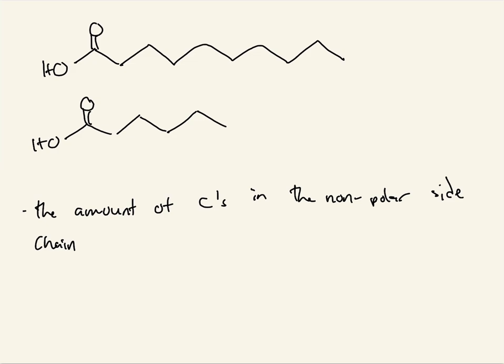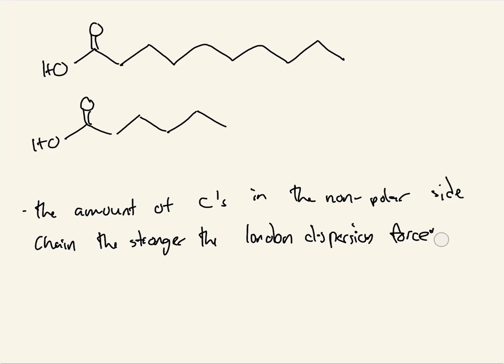And the more electrons you have, the stronger or weaker London dispersion forces are? The stronger, right? So as the molecular weight goes up, London dispersion forces go up. So the more carbon atoms you have in the non-polar side chain, the stronger the London dispersion forces of the molecule, right?